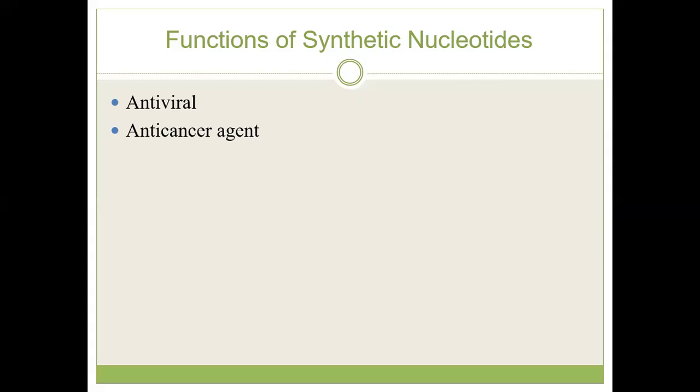So once that enzyme comes and binds to the active site of these synthetic nucleotides, the synthetic nucleotide will bind to the enzyme and will not release the enzyme. Therefore, even if the enzyme tries to incorporate it into the DNA, it will incorporate it, but it will not release. Therefore, the enzyme will not be available for another nucleotide to come and continue adding nucleotides.